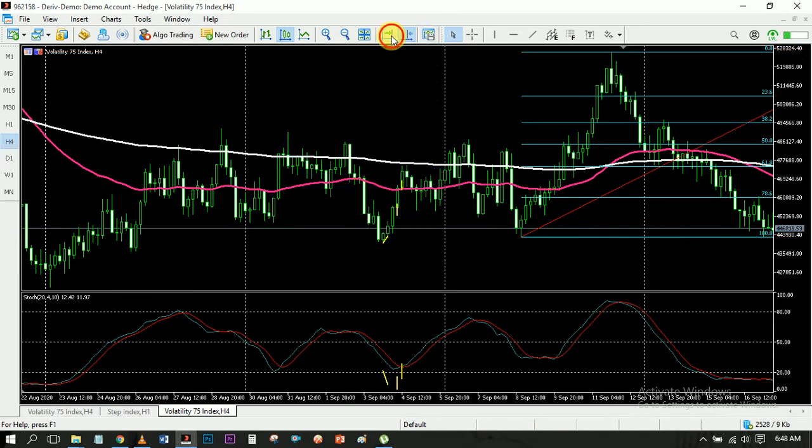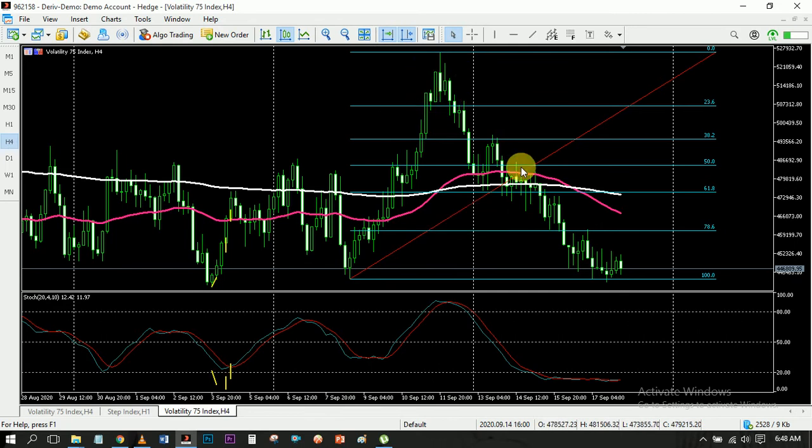So now, since we've got that right, the importance of this Fibonacci is just to help you know the core areas, which are the support and the resistance, the areas of value, the important ones on your chart for the previous week.